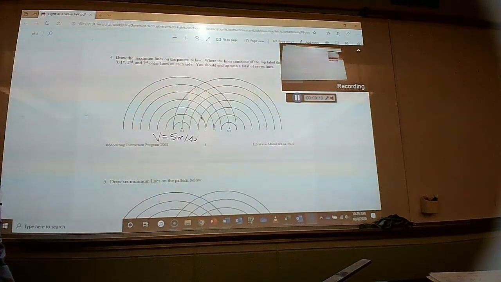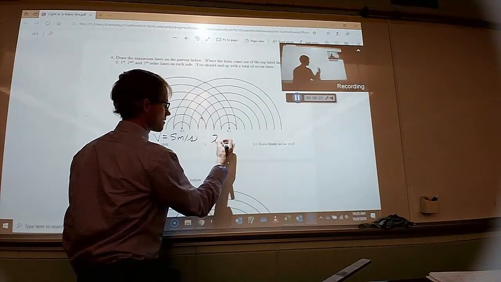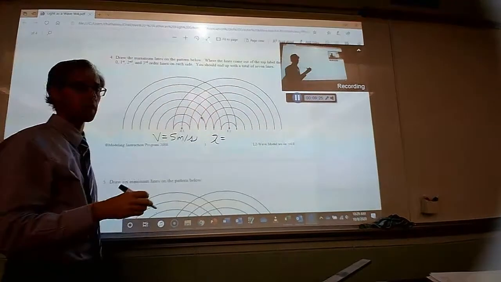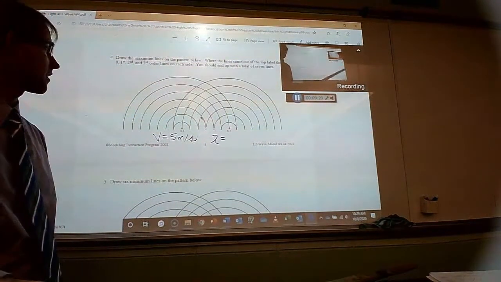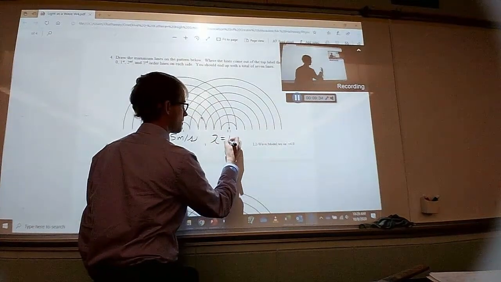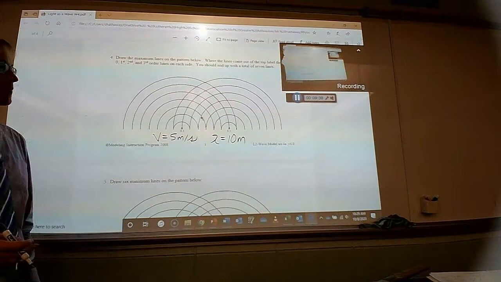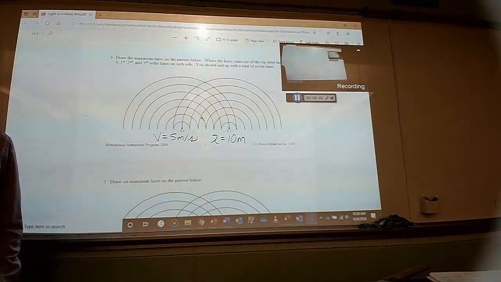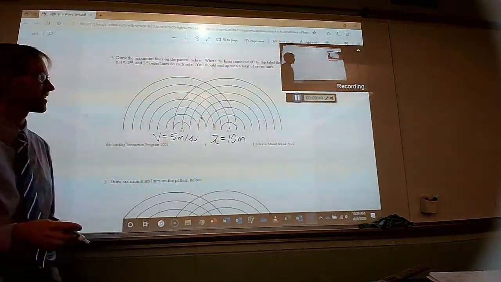And maybe I also tell you the wavelength, or maybe you measure the wavelength with a straight edge or something. And maybe you measure the wavelength to be 10 meters. Of course, I suppose if it's on the test, that would be like 10 centimeters, because that's an awfully long wavelength for one page.